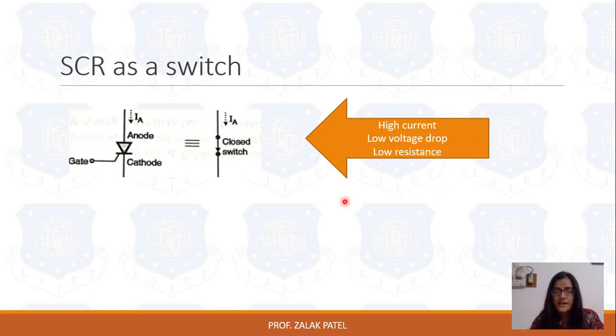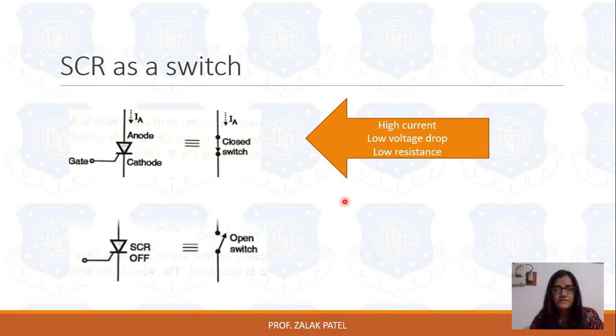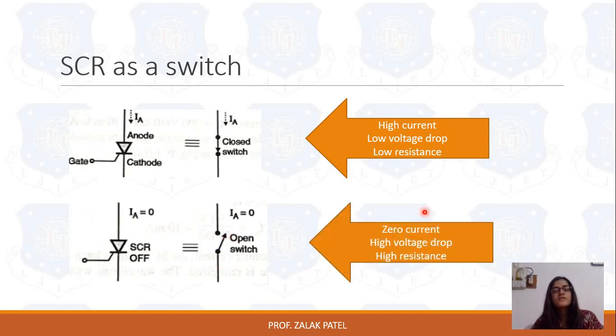Next is when the SCR acts as an open switch. It is like this. Because of the open switch, no current can pass through, so there is zero current through the device, and because of zero current it has higher resistance and higher voltage drop.